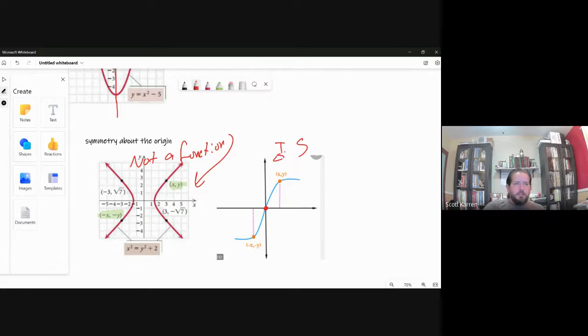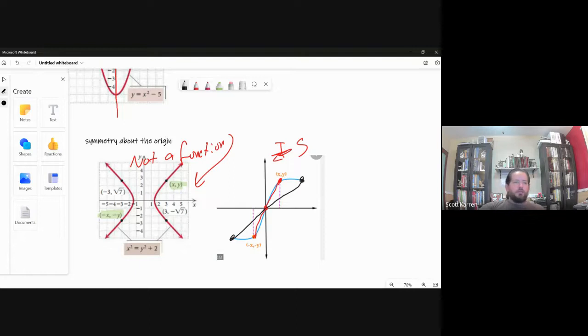But in this case, this is a function. And the idea is if I'm standing at the origin, if I look up until I see a spot, I just need to turn 180 degrees in the complete opposite direction, and I'll see another spot. So if I look over here and I see this spot here, then I should be able to look in the opposite direction and see that spot as well.